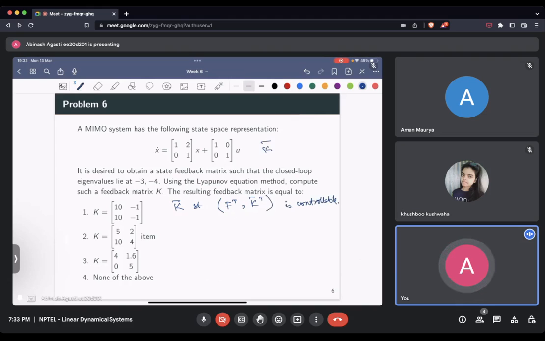F is -3 0 0 -4, and this is also F transpose.